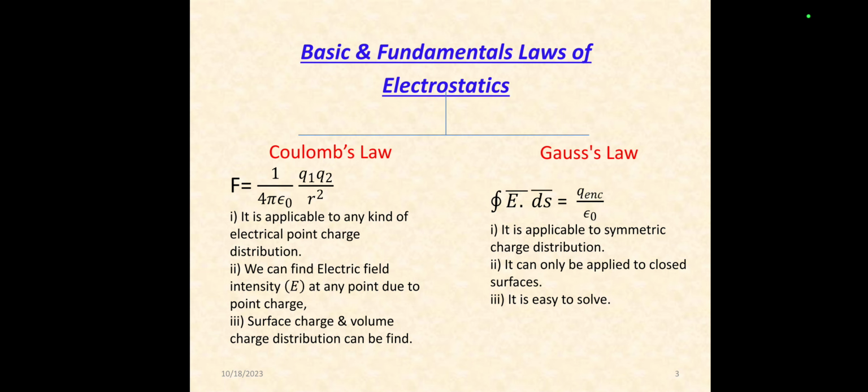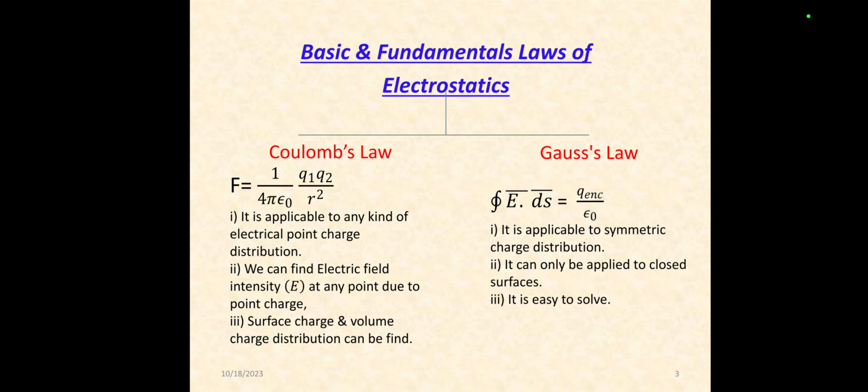So here is a comparison shown between Coulomb's law and Gauss's law. Coulomb's law's formula for force is F equal to 1 upon 4 pi epsilon naught Q1 Q2 upon r square.